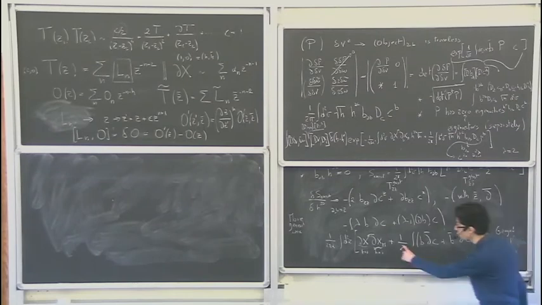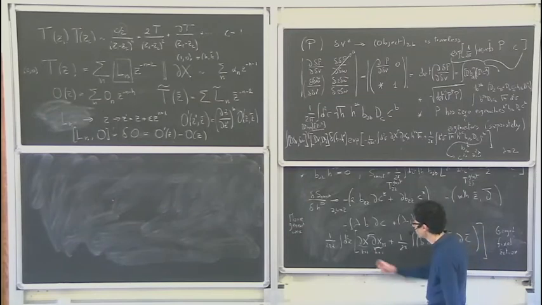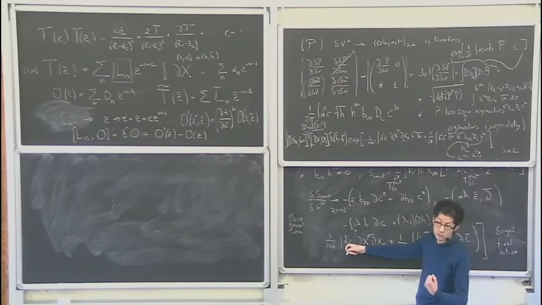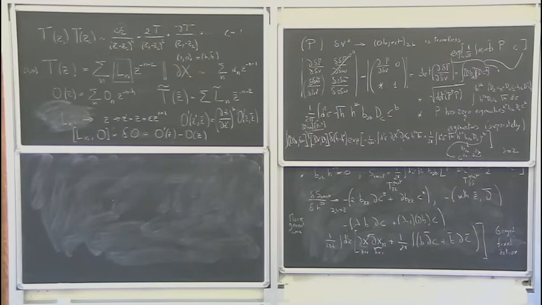So this is an object that has conformal weight 1, 1, and the measure, which is a measure on dz dz bar, has conformal weight -1, -1. So they match to have something that is conformal weight 0. So the action is a scalar, invariant under dilatation.